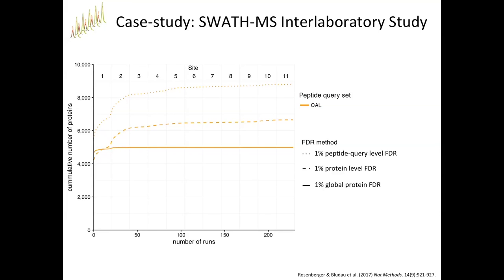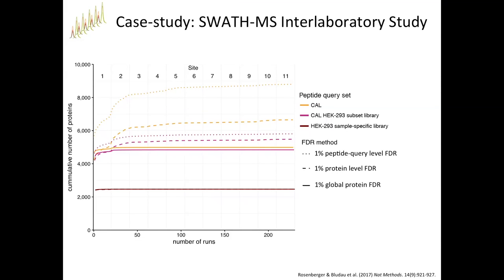Okay, but now, as Ben said, this really much depends on the library. So here, this was now on the combined human assay library, which is fairly large. If we look at using only the HEC293 subset of this very large library, then you can see that the error accumulation is not as bad as for the full library.